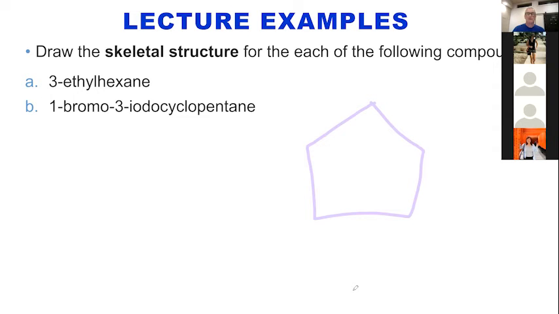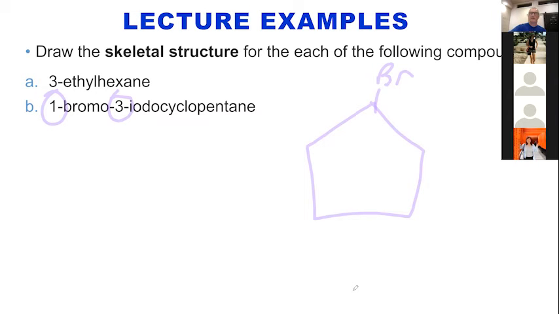And where are my substitutions? 1 and 3. So at position 1, what do I have? Bromine. And then at position 3, what do I have? Iodine.